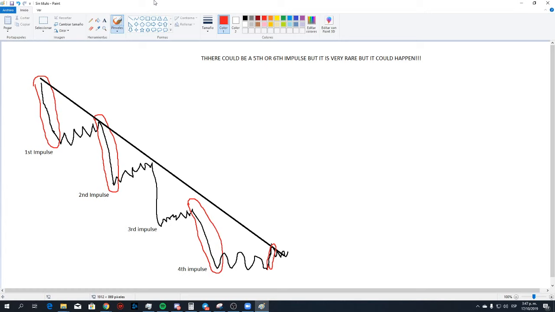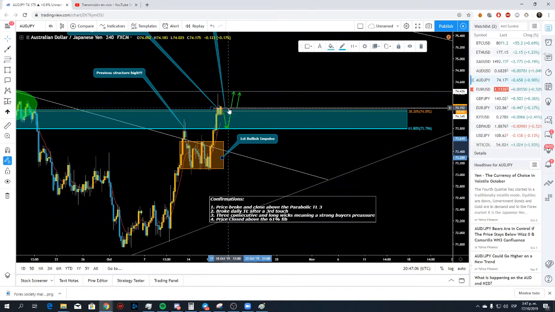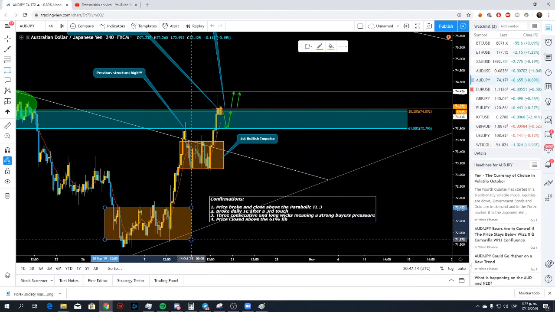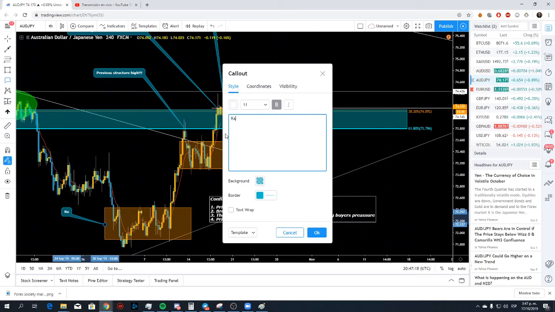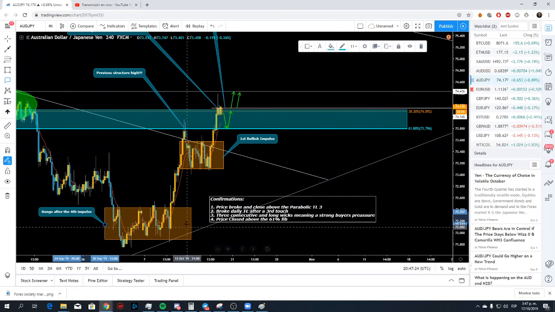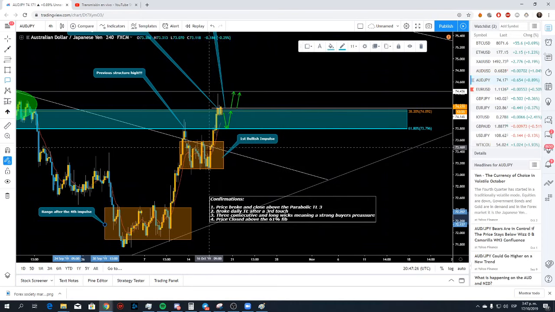And okay, that was the first impulse, but what price is doing right now, it did what I told you guys. Created the range, this is the range after the fourth impulse. Created the first bullish impulse and then broke above that.